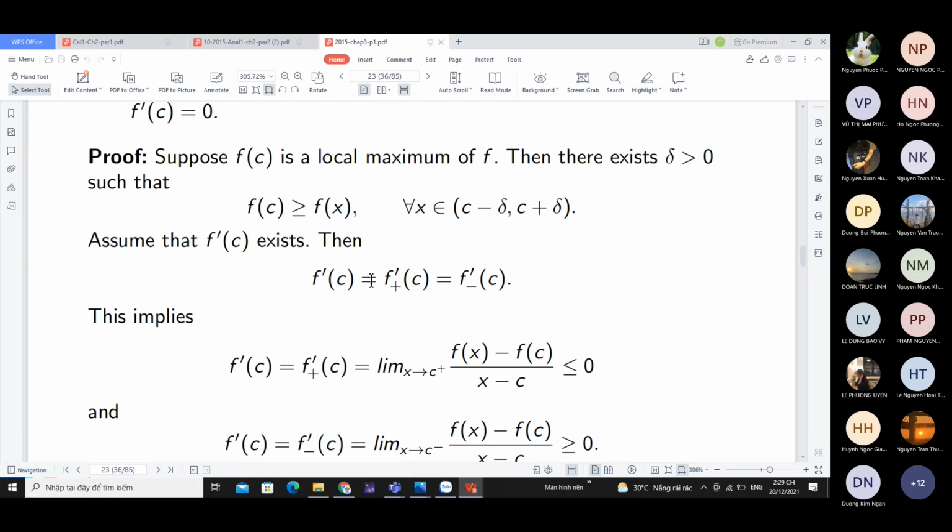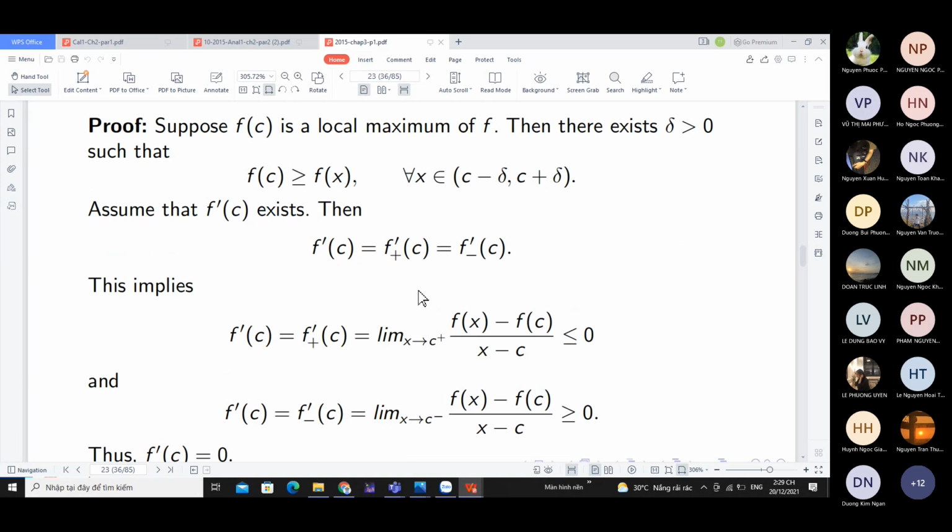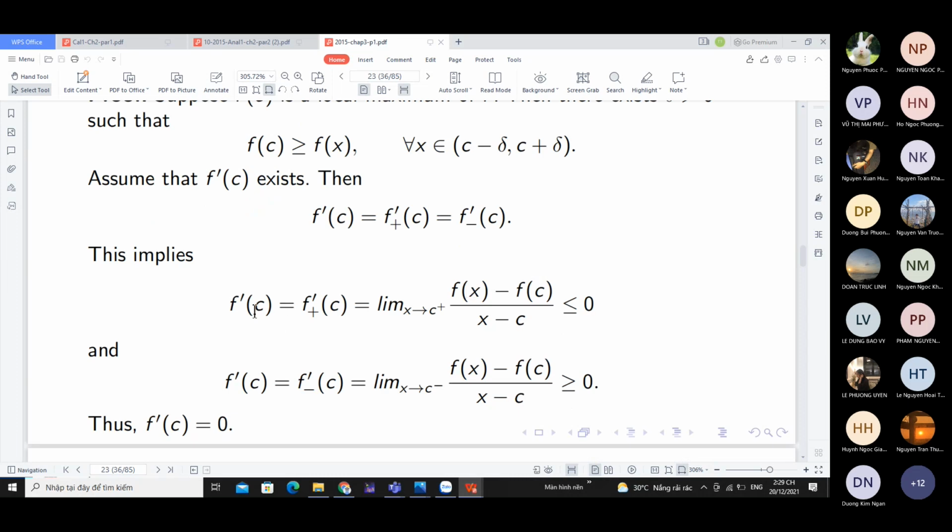Now, you see, here f prime of c equals the right derivative of the function f at c, and equals the left derivative of the function f at c.